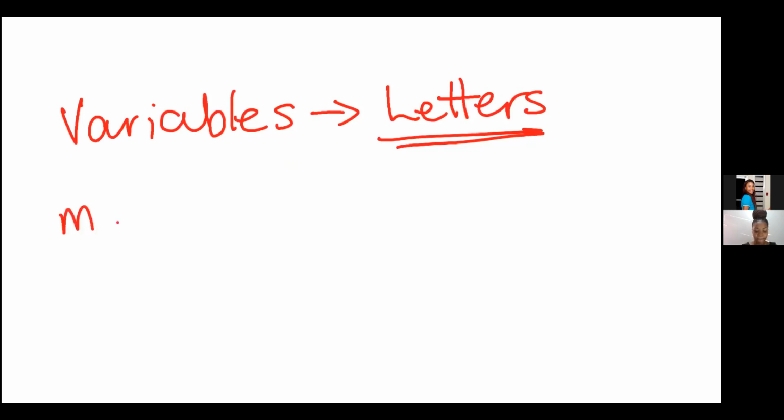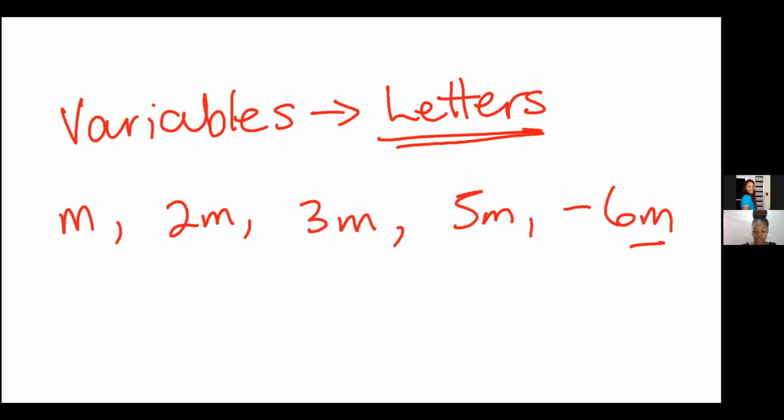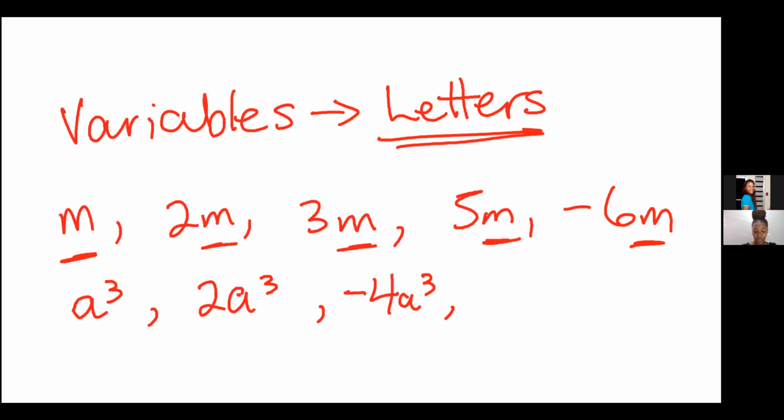So m, 2m, 3m, 5m, negative 6m, all of them have the same variables, therefore we can add or subtract these. What about a cubed, 2a cubed, minus 4a cubed, minus 20a cubed? They all have the same a cubed, therefore they have the same variables. So we can add or subtract those.